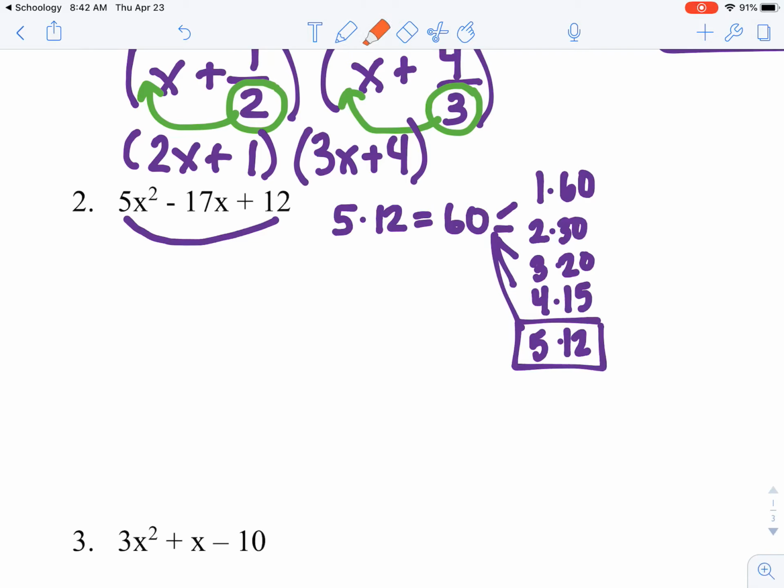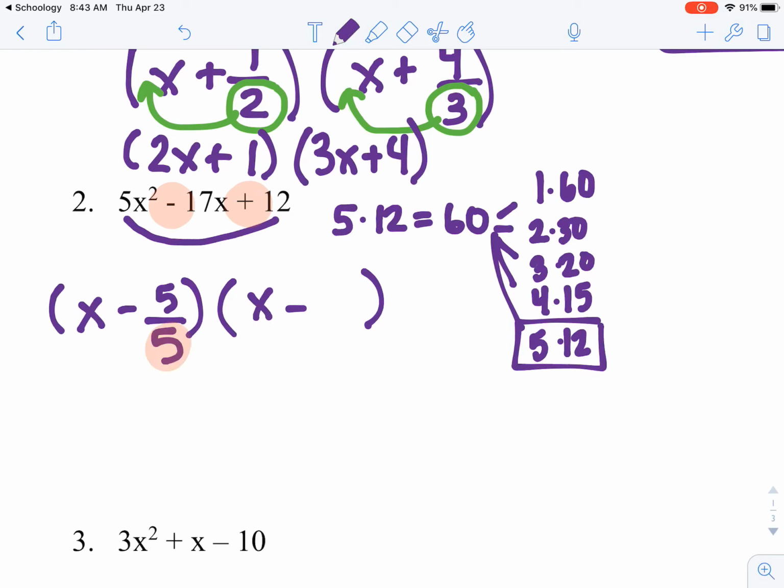Now, the other thing I have to note on this is I have a negative sign and a positive sign. So inside my parentheses, I'm going to have two negatives. So I'm going to have x minus 5 over 5, because the 5 on the bottom here is my a value, and x minus 12 over 5. Now I have to reduce my fractions.